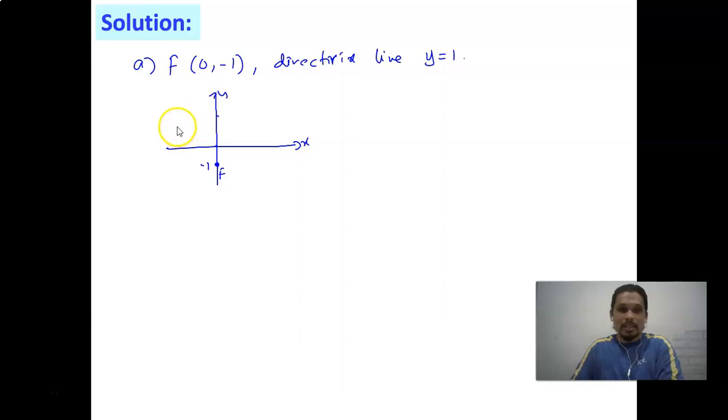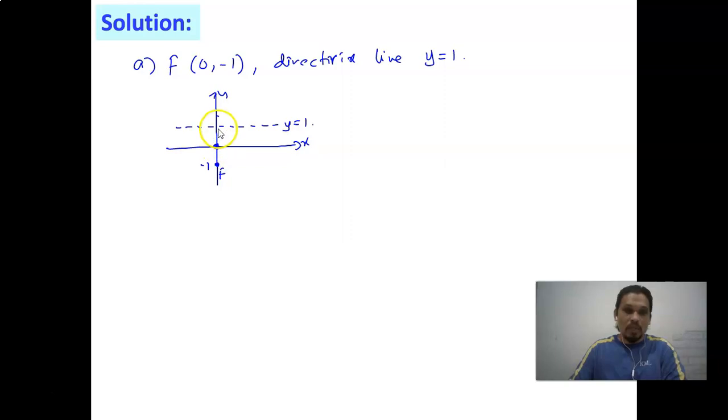So the distance from the focus (0, -1) to the directrix line y equal to 1, divided by 2, gives the vertex in the middle, because the distance from the vertex to the directrix line equals the distance from the vertex to the focus.